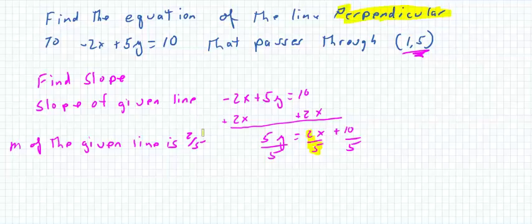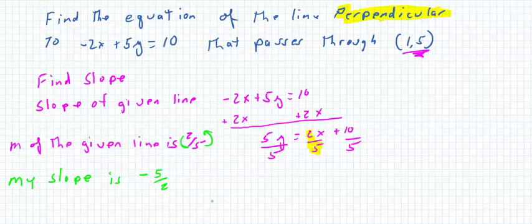I don't want this 2 over 5. My slope is the opposite reciprocal. Positive, opposite is negative, reciprocal, 5 goes up, 2 goes down, 5 over 2.